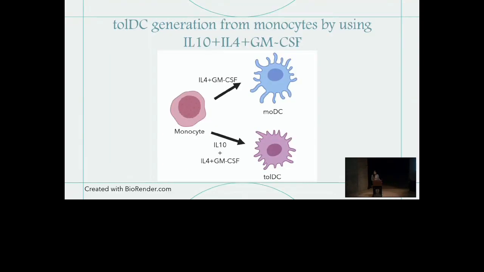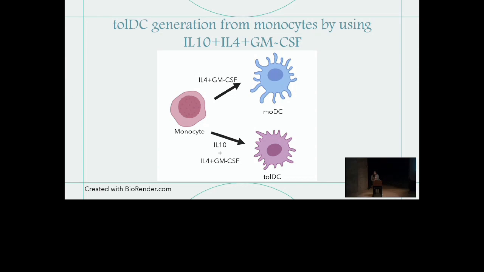Tolerogenic dendritic cells are responsible for polarizing Tregs, and these Tregs are responsible for turning off the inflammatory response. That is what is important in several autoimmune diseases. Tolerogenic dendritic cells can be obtained in the laboratory from monocytes when we cultivate them with interleukin-10, interleukin-4, and GM-CSF.